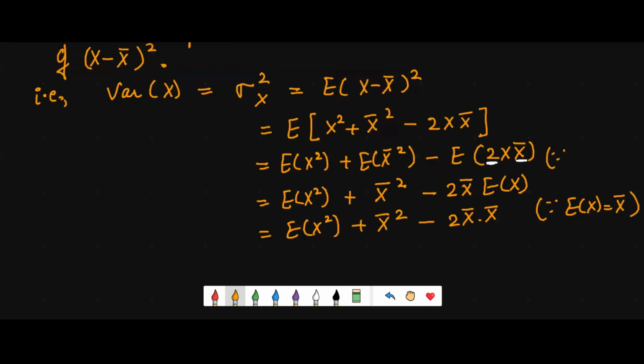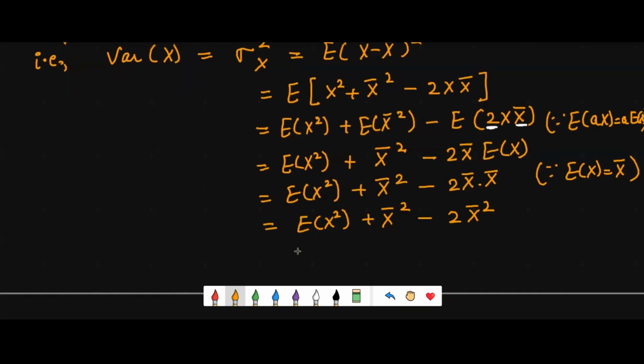Here I have used the property that e of a x is a times e of x. So what we have got is x bar square minus twice of x bar square. When you solve this, this would be e of x square minus x bar square.